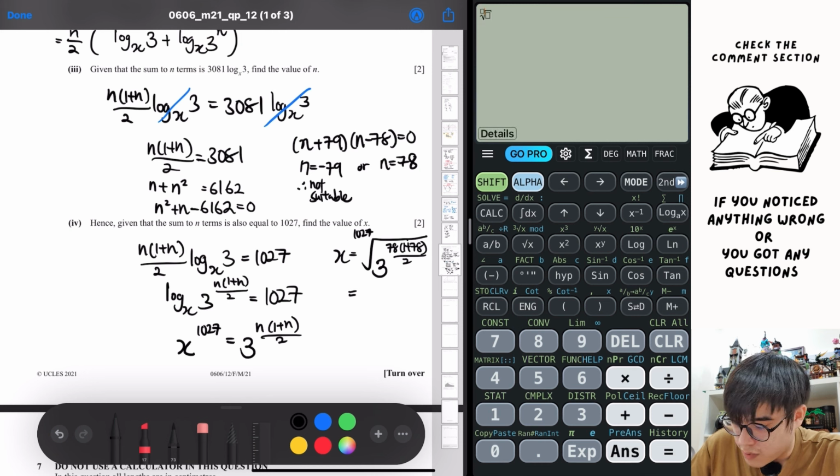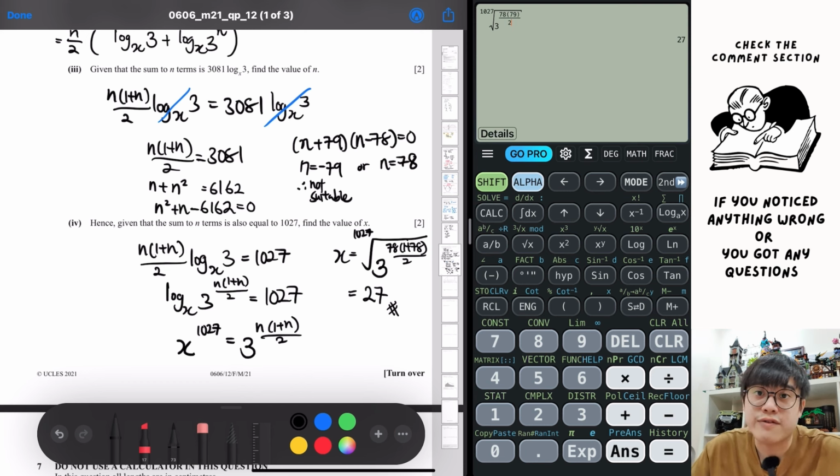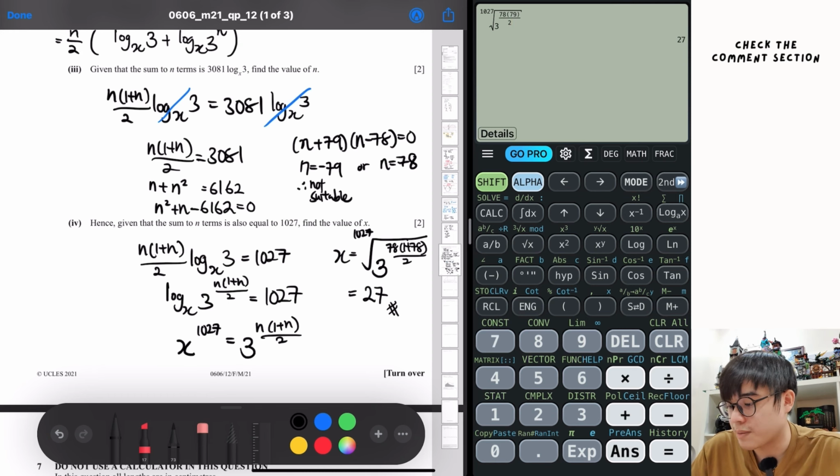Put this with 1027. Inside I have 3 to the power of 78 times 79 over 2. The answer of this will be 27. So make sure you utilize all the information that you identified to obtain the final answer here. So this is for your part number 4.